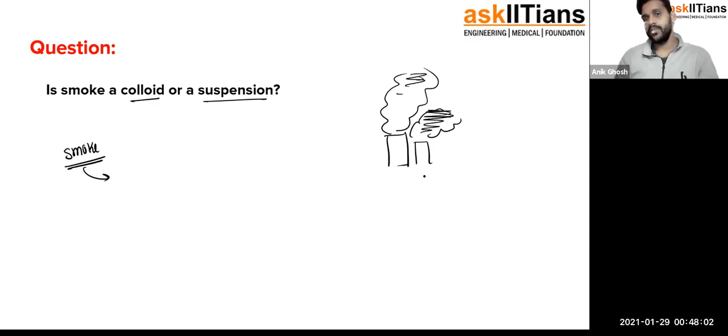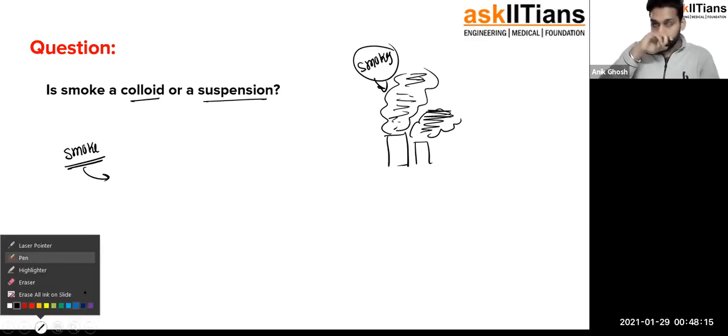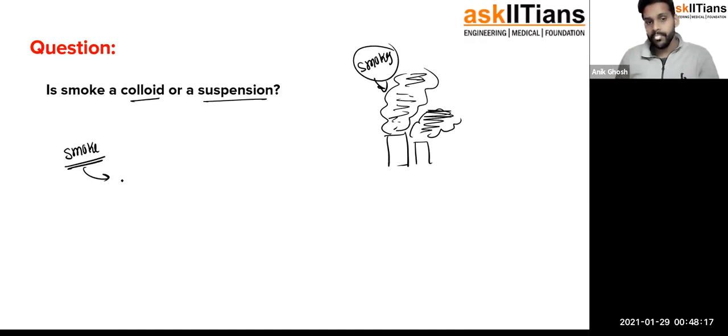So what is this smoke actually? Is it a solution, a colloid, or a suspension? Smoke actually is a gas and solid mixture, a colloid.